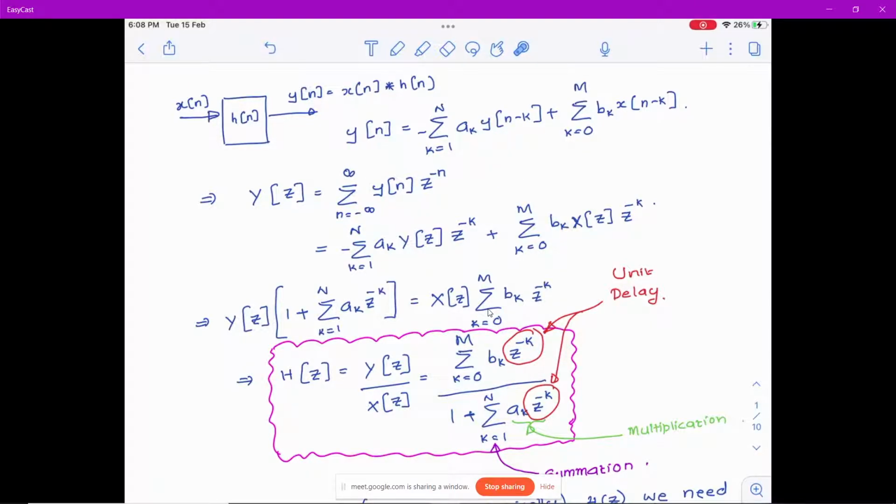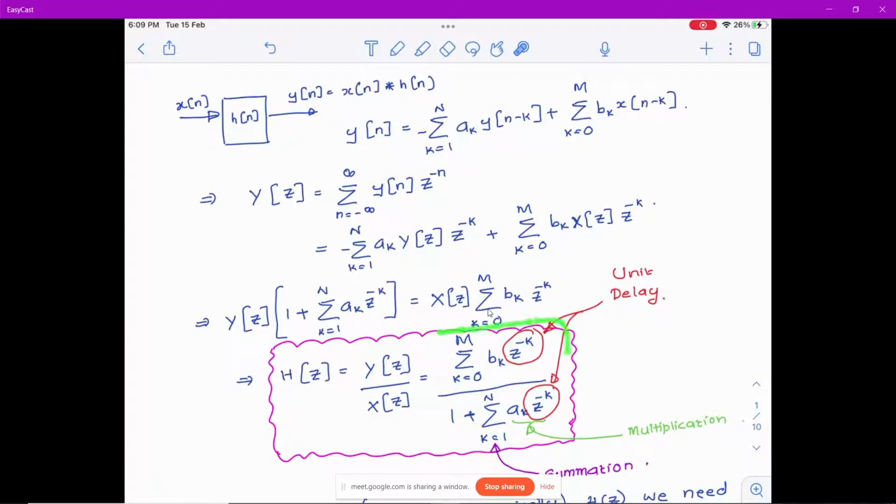So in the z transform, z raised to the negative of a number is equivalent to a delay in the corresponding time domain. The values seen in the numerator, the z raised to minus k terms, are delays of x of n multiplied by a constant bk. The values in the denominator are delays of y of n multiplied by ak.